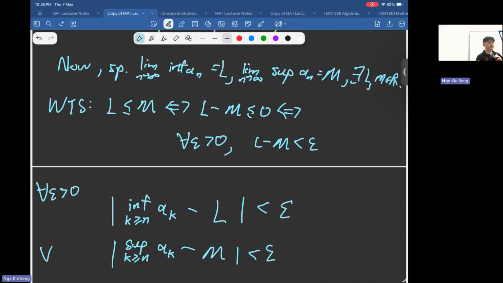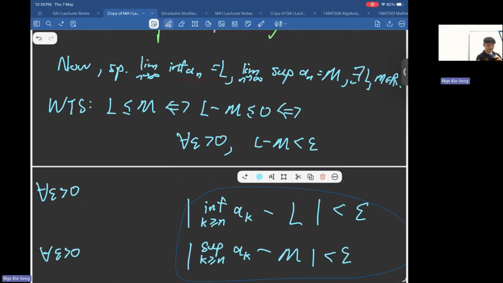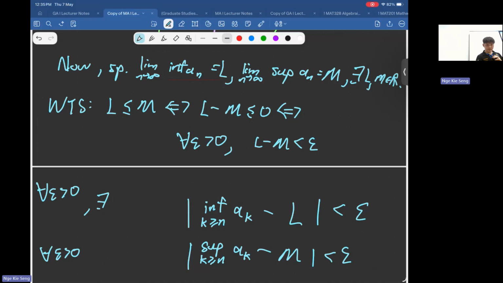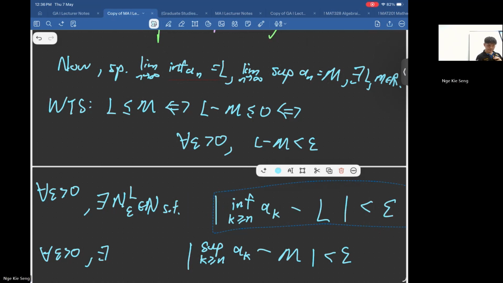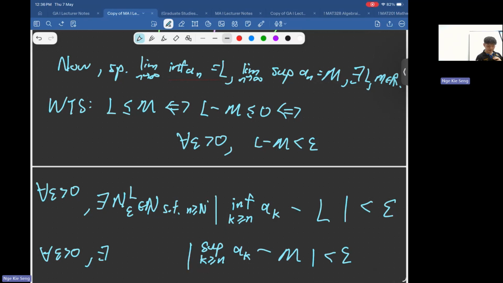Then there exists some n, let's say N_L, epsilon, such that this is true for all n greater than or equal to N_L. Then for the other one, there's another n that makes this epsilon true.